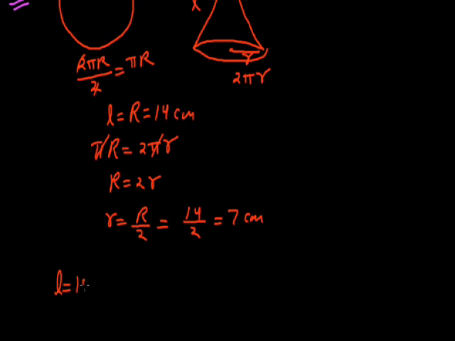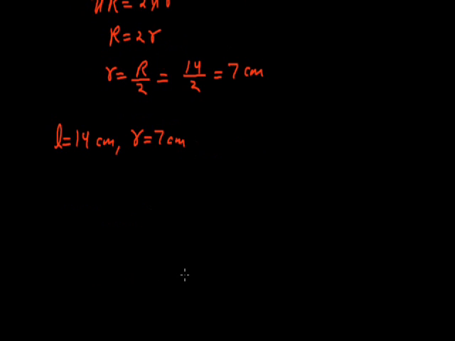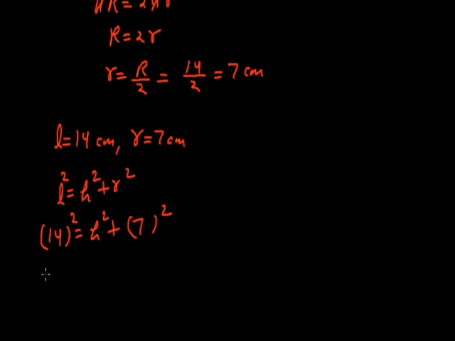What do we have? Slant height is 14 centimeter and radius 7 centimeter, and we have to find the volume. Now in order to find the volume, we need the value of the height. So what should be the height? We know that L square is equal to h square plus r square. So L square, that is 14 square, is equal to h square plus r square, that is 7 square. So 14 square is 196, equal to h square plus 49.